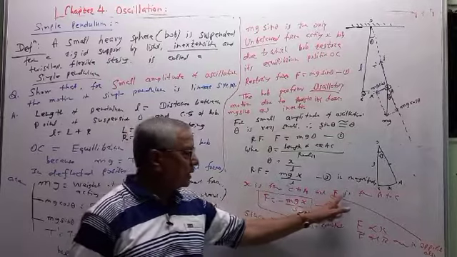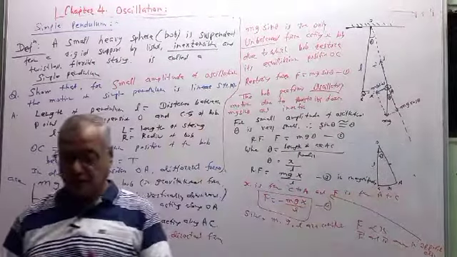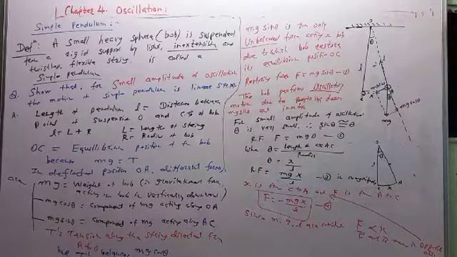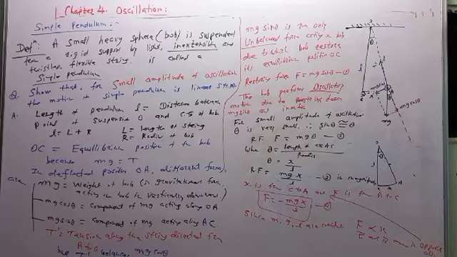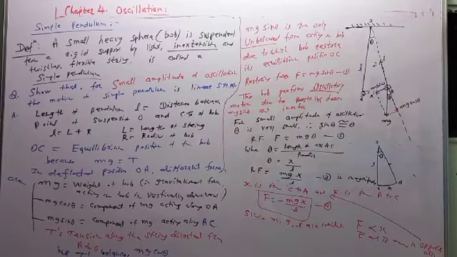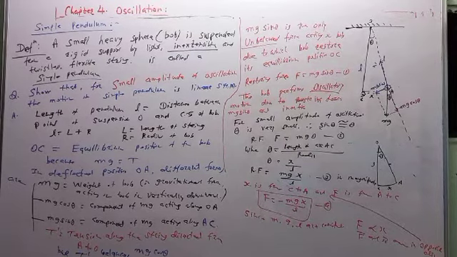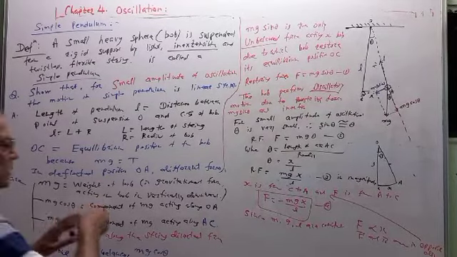Displacement is from C to E and restoring force is from E to C. So they are in opposite direction, and therefore we have verified the one property of the restoring force. So motion is linear SHM. Directly we can give the conclusion from this equation also. Since restoring force is proportional to the displacement and its direction is opposite to the displacement, therefore motion is SHM. So motion of the simple pendulum is the SHM.